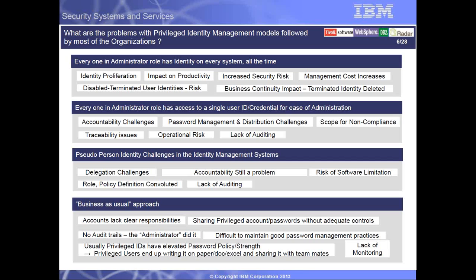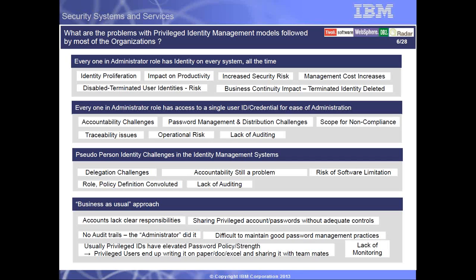Next, business continuity impact. There are several instances where IDs tagged to be terminated have been deleted, but deletion of those IDs brings down the environments. So that's how it impacts business continuity. Again, these are the issues around the first model.